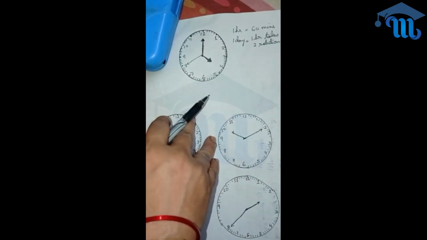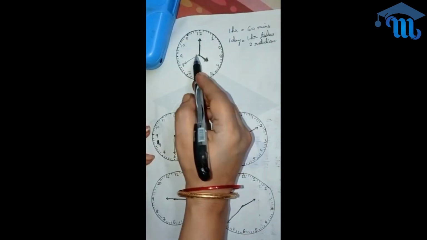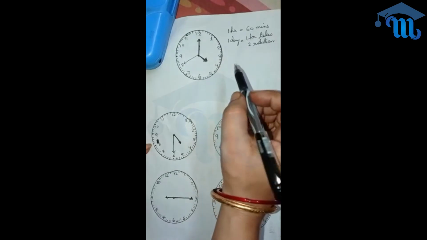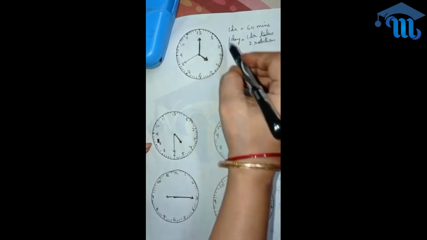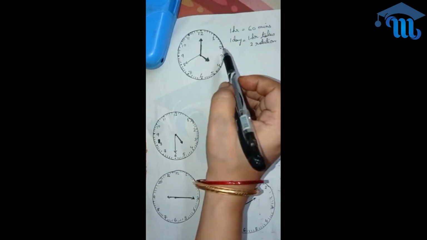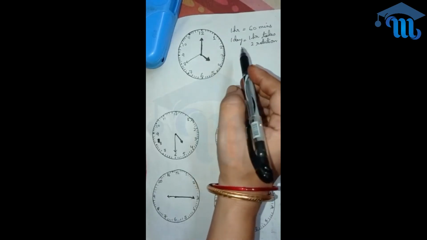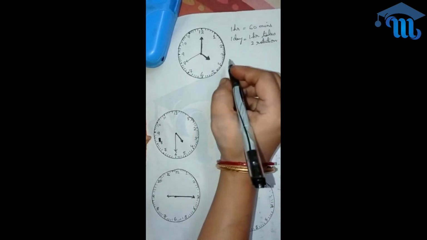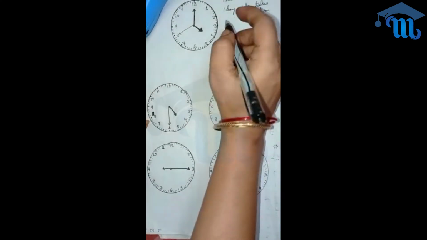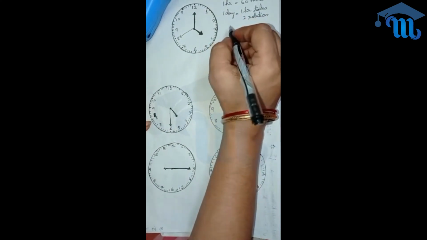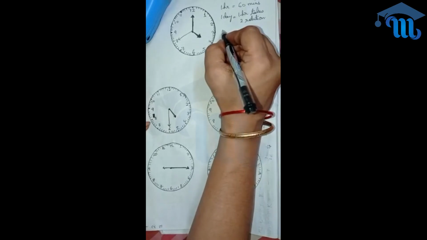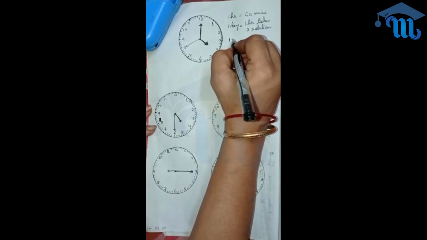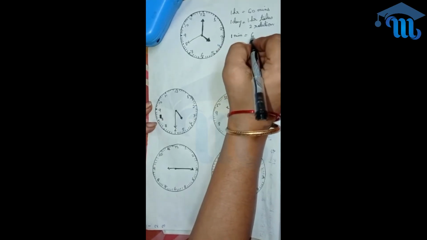And the second hand, this is the second hand, completes one rotation of the clock in every 1 minute. So 1 minute is equal to 60 seconds.